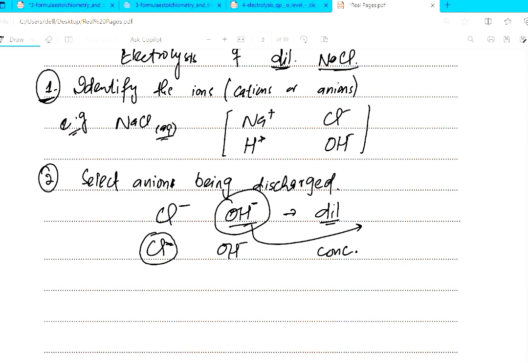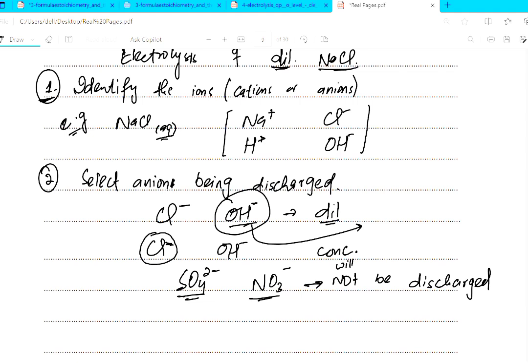And one more thing that you have to know: sulfate and nitrate, NO3, even if we take the concentrated form, will not be discharged. These three, even if we take the concentrated solution, won't be discharged, they will remain in the solution.